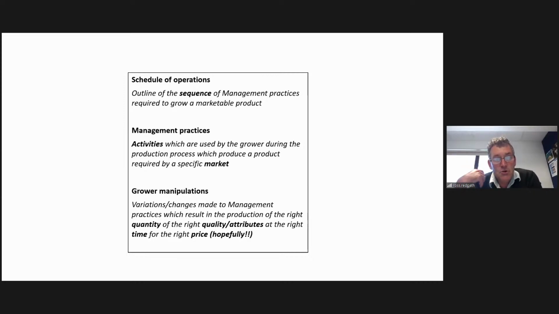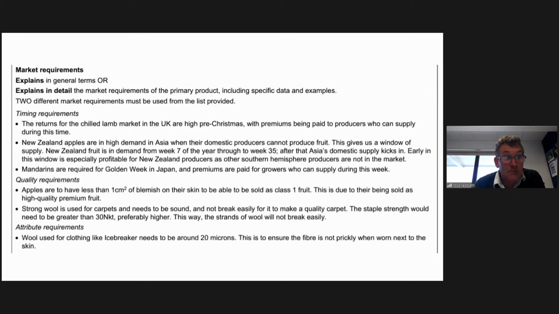It doesn't matter whether you are producing lamb or apples or asparagus, there is a schedule of things that are done. Consider them as you are looking at the questions, and therefore you can select the most relevant and easy to answer one.